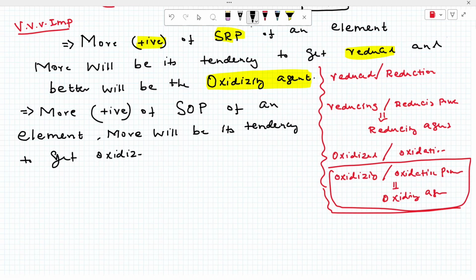What is oxidized now? Oxidation. Good. The better will be which agent? Reducing agent.